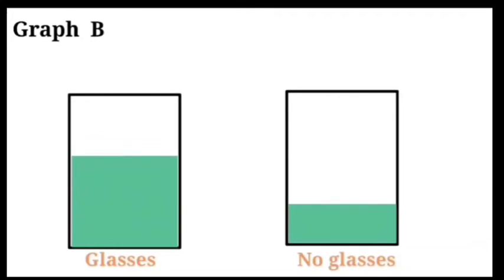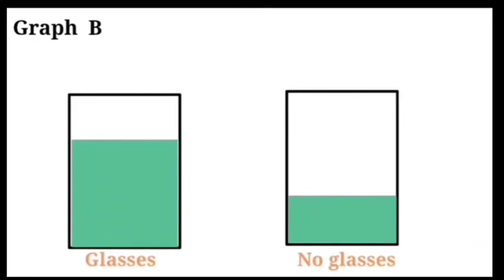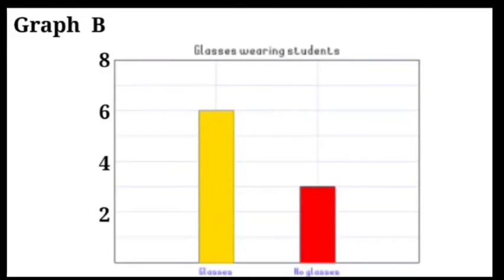You observe these glasses and no glasses part. Glasses wearing the students. Here the 3 students are in no glasses and the 6 students are in the yellow color. This is Graph B.